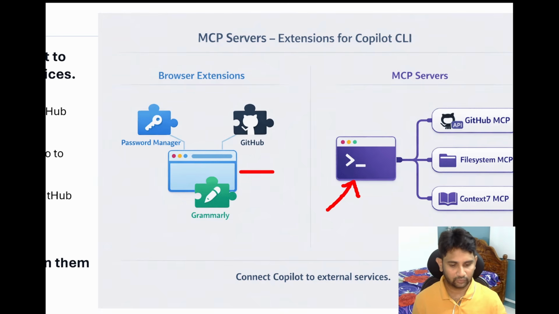Copilot is good enough to respond to something, but if you want Copilot to go and connect with some service and then do something in that service as well, then you need to use MCP servers. For example, let's assume you have code written in some Python file, and that file is local.